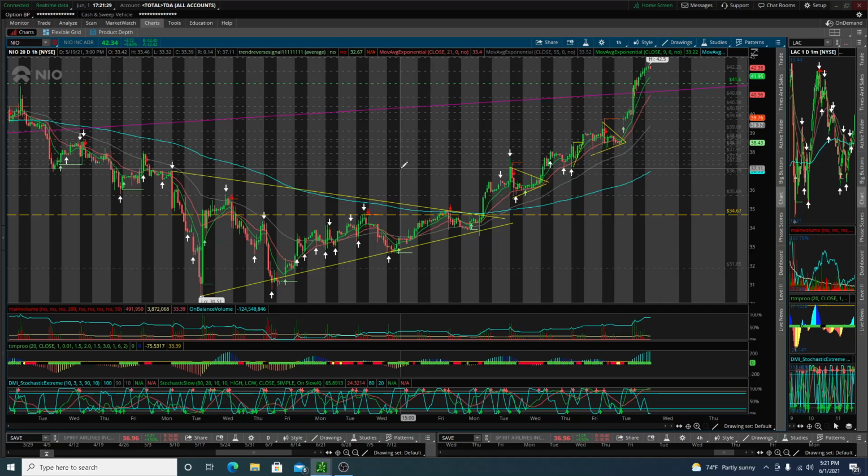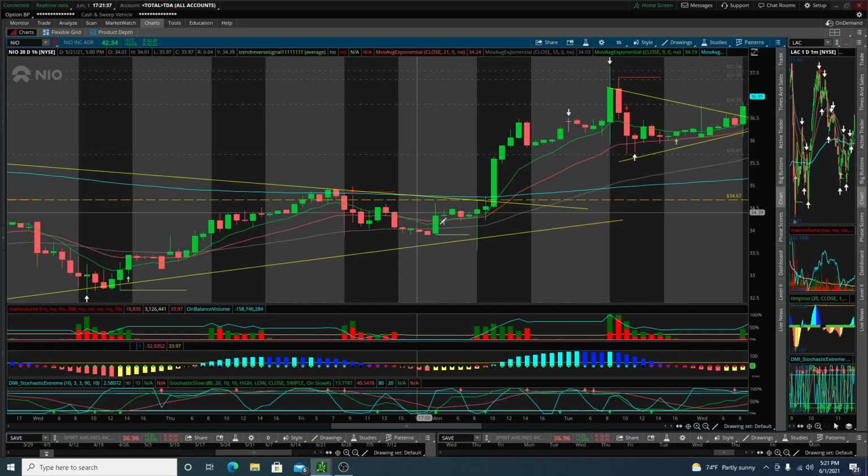I want to look for the squeeze, and then I want to look for it to be above the EMAs for calls and below the EMAs for puts. So in this case, it was above the EMAs, so you could guess that it was going to break out above the triangle and not below.